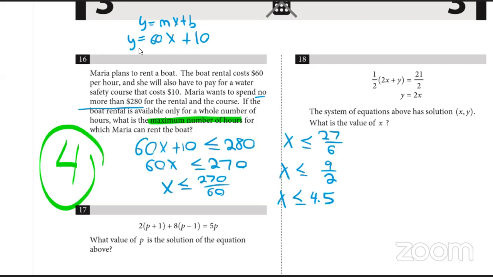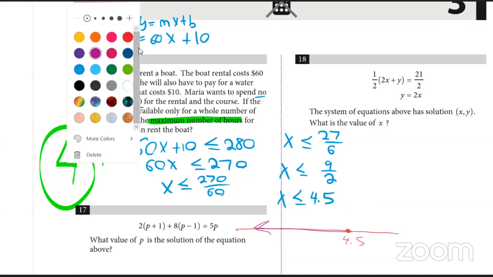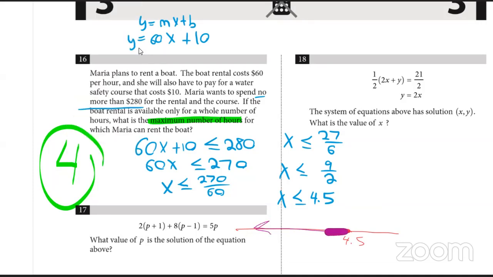Now, for anyone that needs to see that visually, we knew that x was less than or equal to 4.5, so that gives us a dot right here at 4.5, and the graph goes in the lesser direction. So the graph looks like this. What numbers are going to be around 4.5?